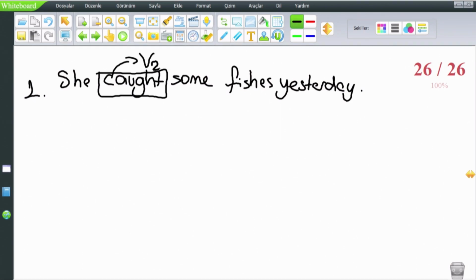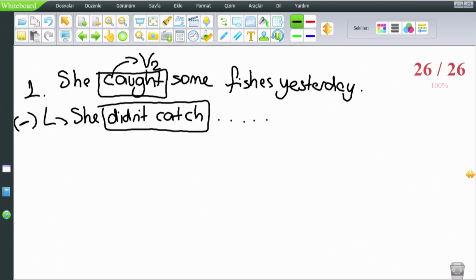This is an irregular verb, the past form of catch, and I'm going to make it a negative one. She didn't catch some fishes yesterday. I turned it into verb 1 after didn't.